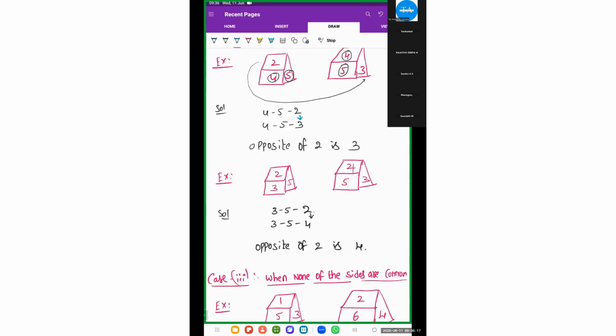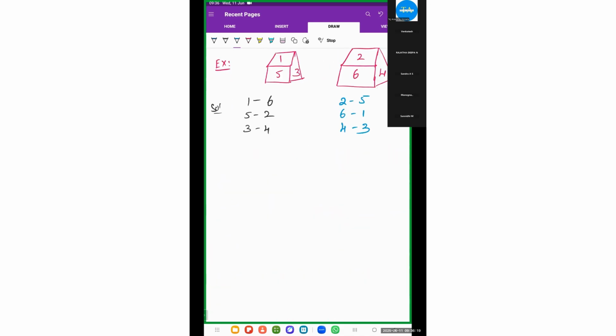Next, another type is folding a dice. Folding a dice means the dice is completely opened, that is, the die is unfolded into its 6 faces.